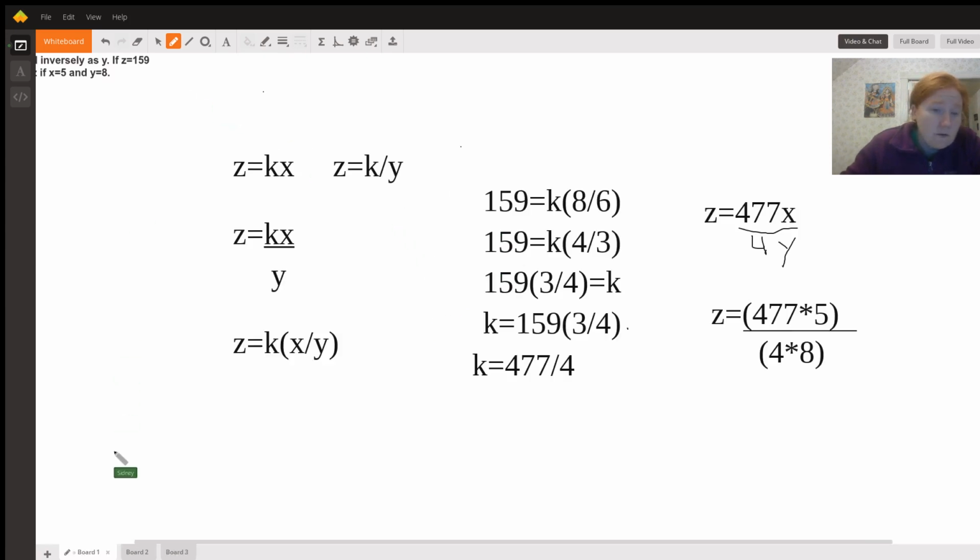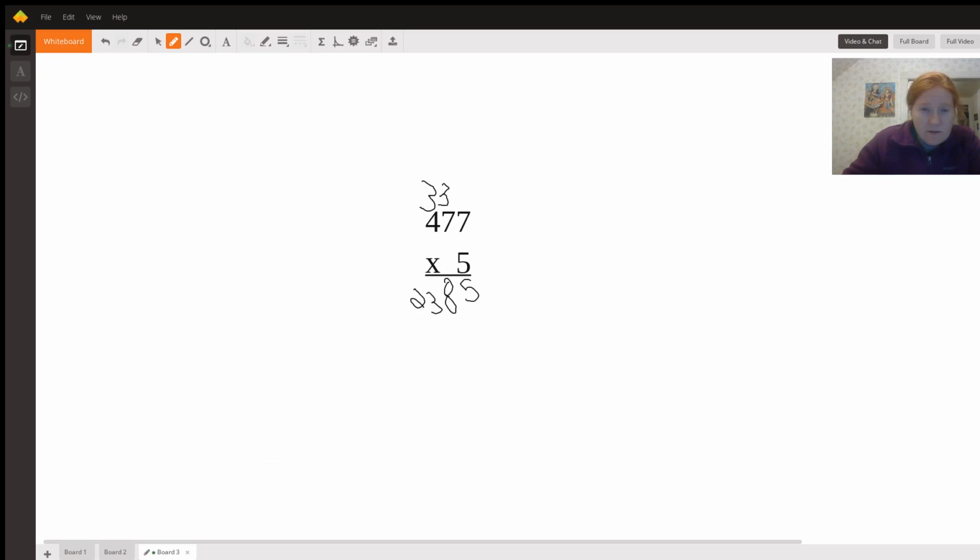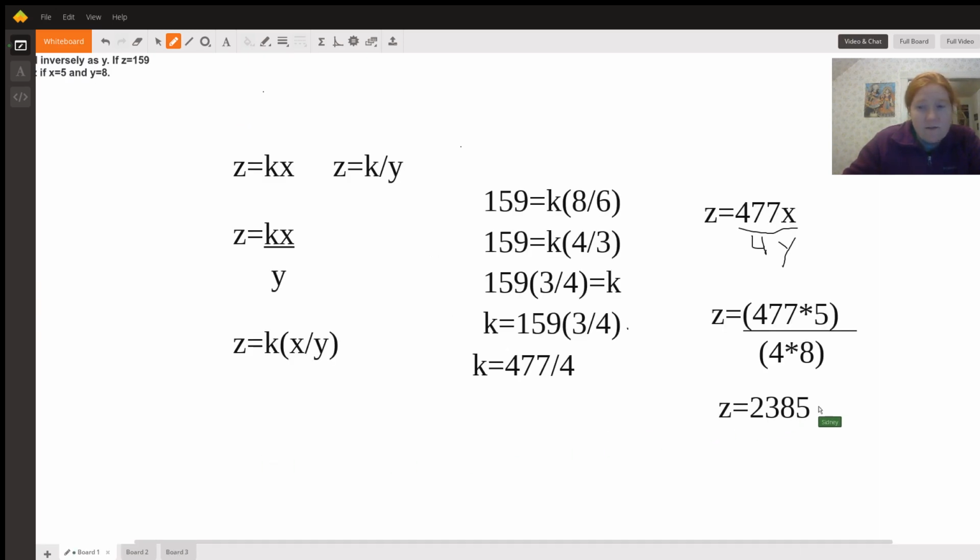So we'll go back here. Now I've simplified the top: 2,385. Do I remember that correctly? Double check once. 2,385. And it's divided by, at the bottom, 4 times 8, 32. Those won't divide any further. No simplification, so we can stop at that point. And our final answer is Z equals 2,385 divided by 32.